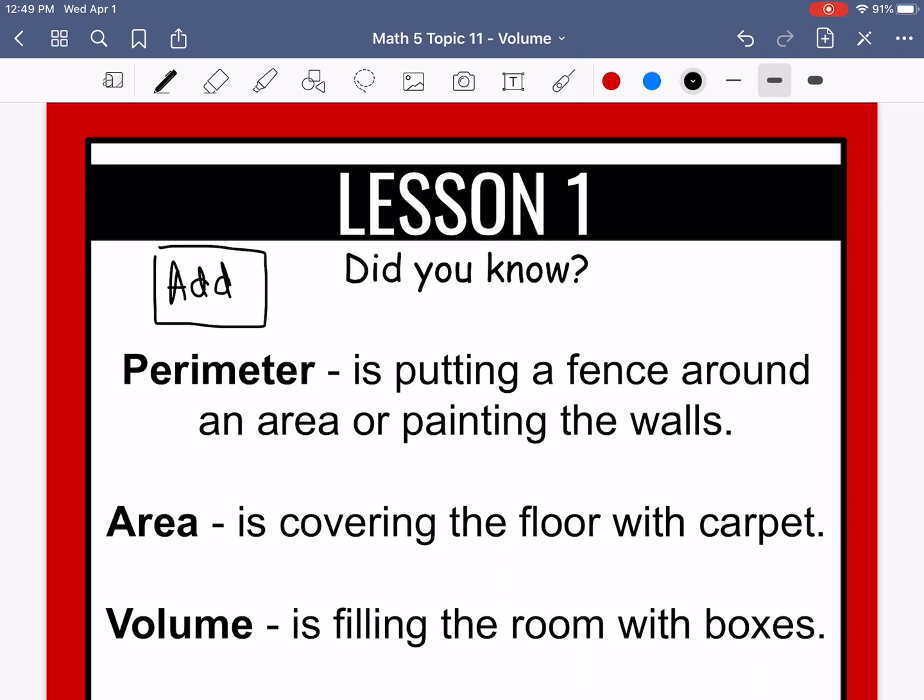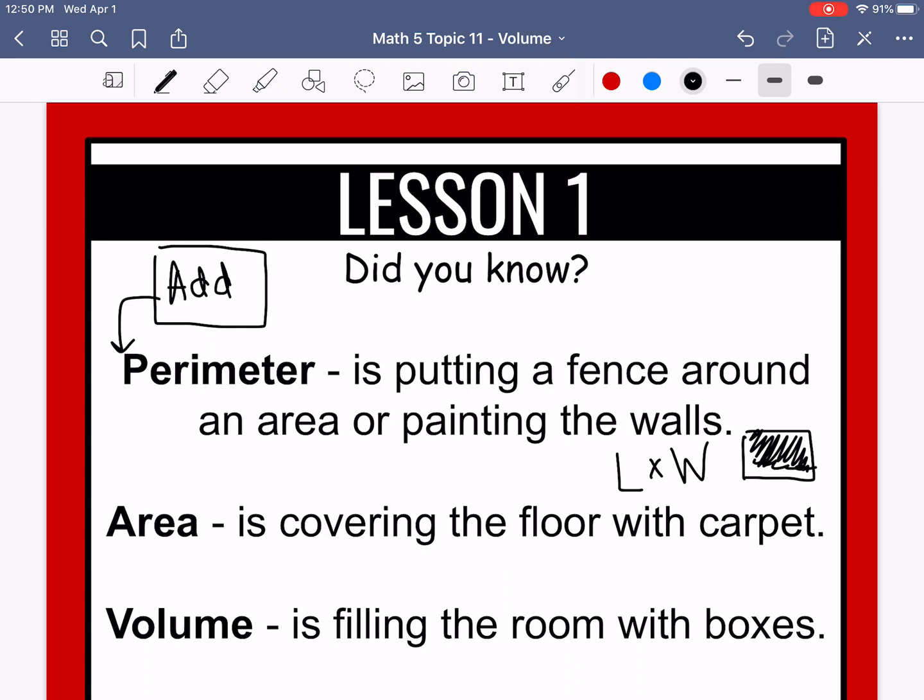That's perimeter. Area is looking at the same figure, but this time it would be like putting carpeting down. It is filling in that area. So we did length times width, and that gave us our area.